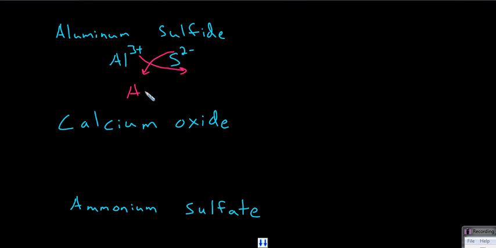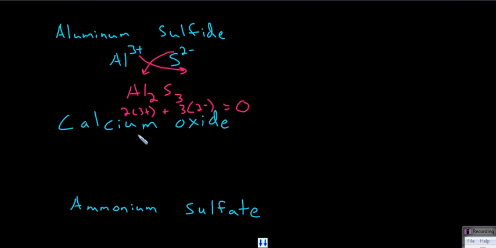If you have 2 aluminum ions and 3 sulfide ions, then you'll have 2 3+ charges and 3 2- charges, and having a +6 and a -6, the overall charge equals 0. And so this is a very simple case.